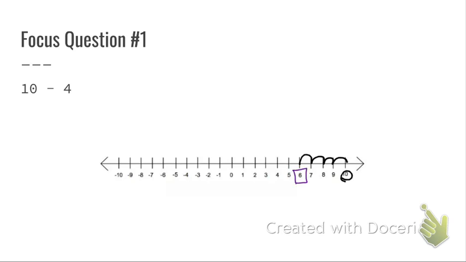So 10 subtract 4, we all already know how to do that. But I could also rewrite this as 10 plus negative 4. If it is just two positive numbers, like 10 minus 4, I'm probably not going to do that.